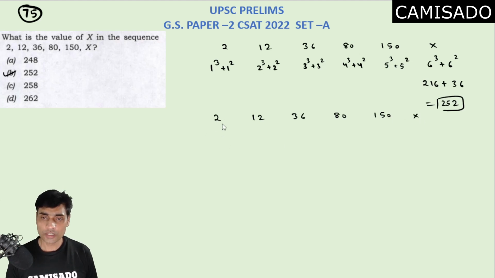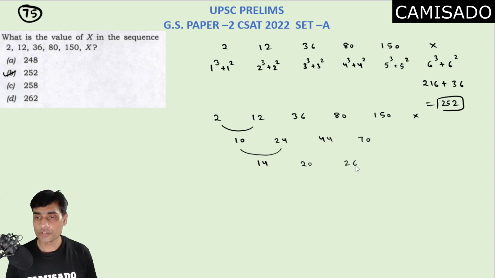So the difference here is 10, difference here is 24, difference here is 44, and difference here is 70. Again, difference here is 14, then 20, then 26. Now in the first line we cannot see any relation between 10, 24, 44, 70, but by calculating the difference again, we see that 14 plus 6 is 20, 20 plus 6 is 26.